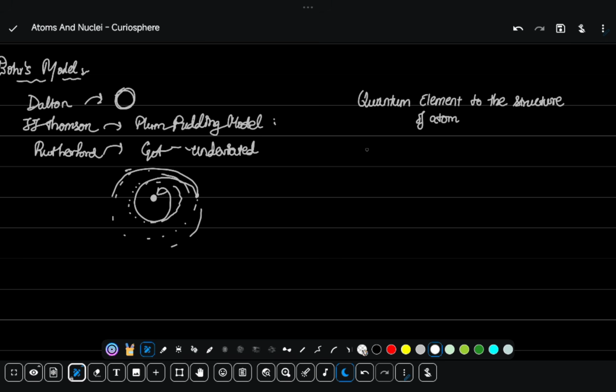Earlier, other scientists believed that the energy of the electrons was continuous, meaning that the energy would decrease, come to zero, and the electron would fall into the center. But according to quantum physics, energy is discrete or quantized.